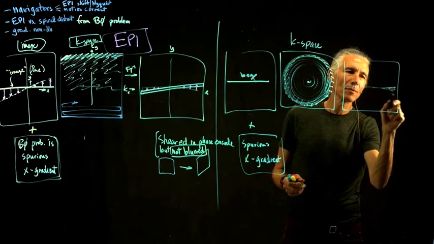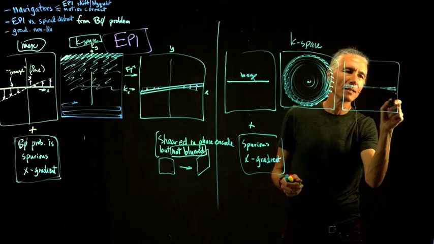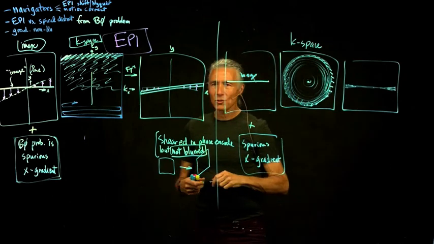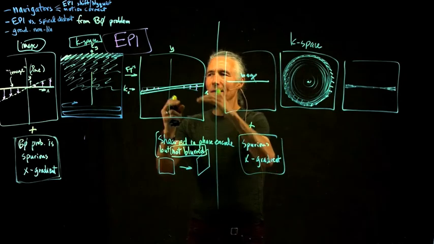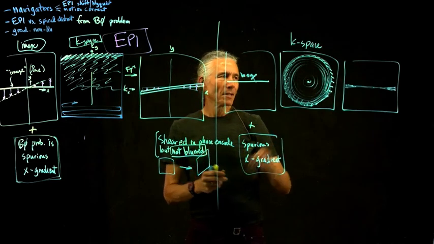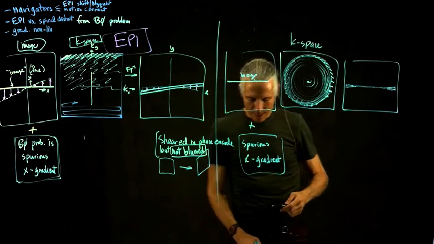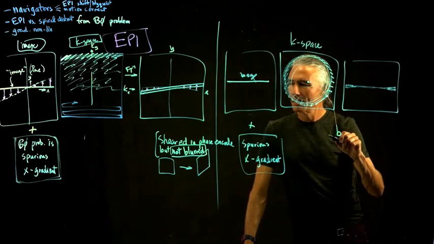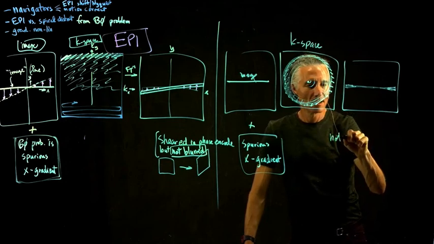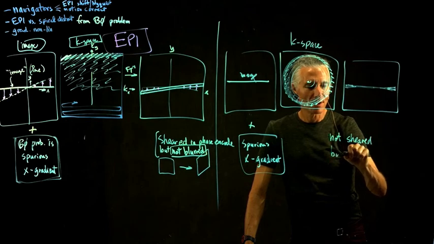It'll be blurred more toward the, look something like that. It'll be a little blurry. It won't be as distorted. It won't be sheared in the same way, but because it's more blurry, so not sheared, but blurred.